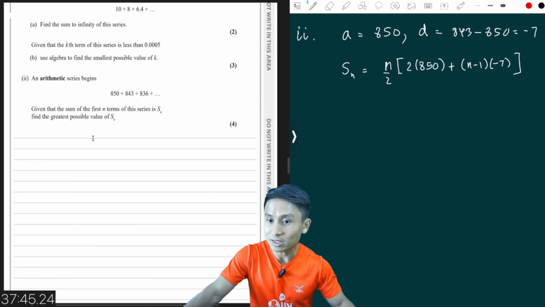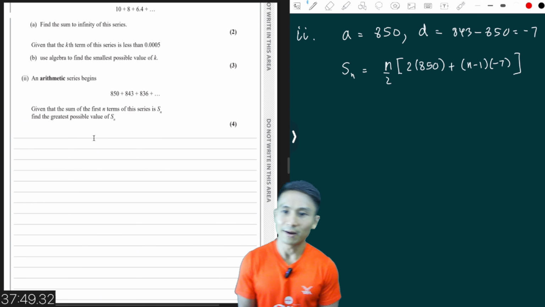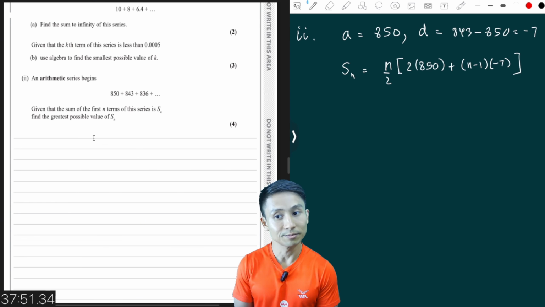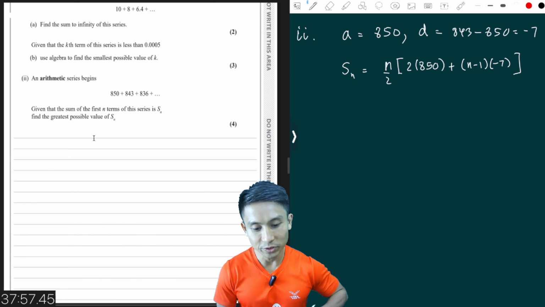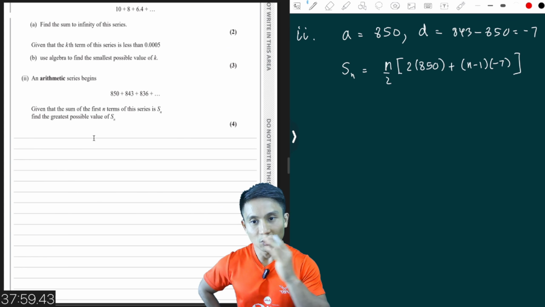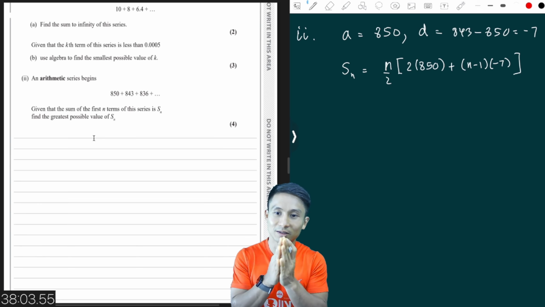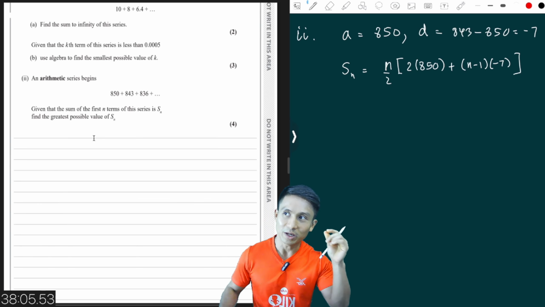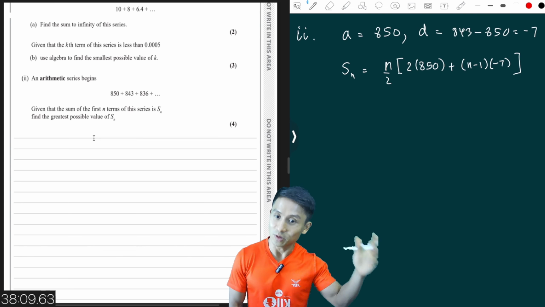Oh, we want the greatest possible value of Sn. Greatest possible value. Well, okay, I see. So we're going to go until, because look, if you keep subtracting like this, there will be a point where you start getting negative numbers, like if you keep doing minus 7.